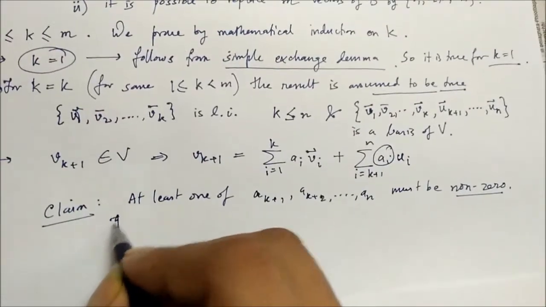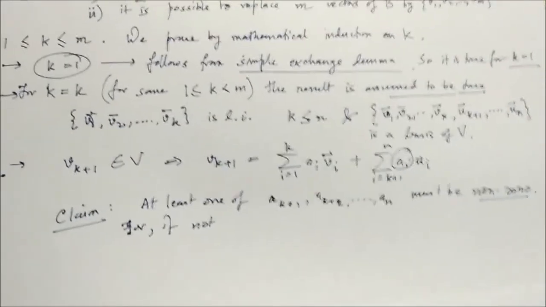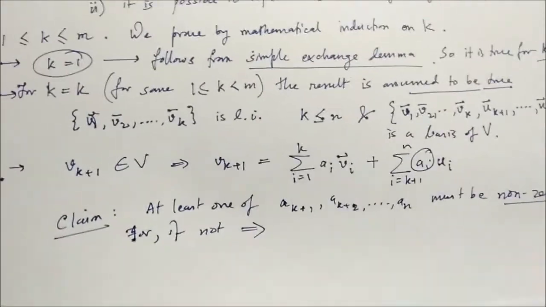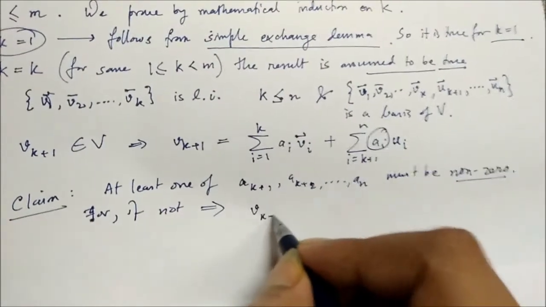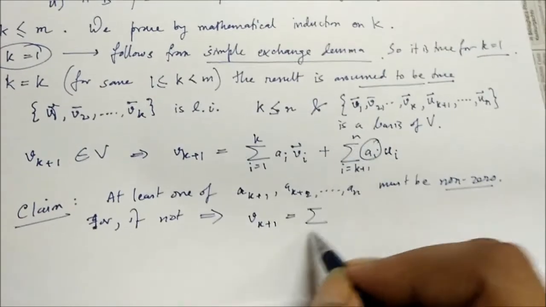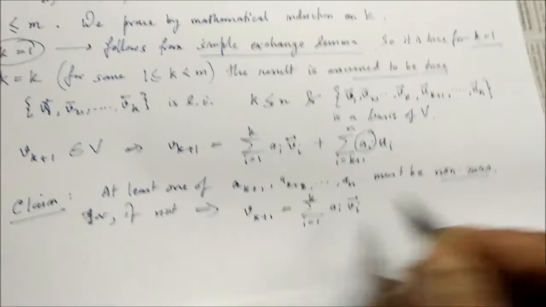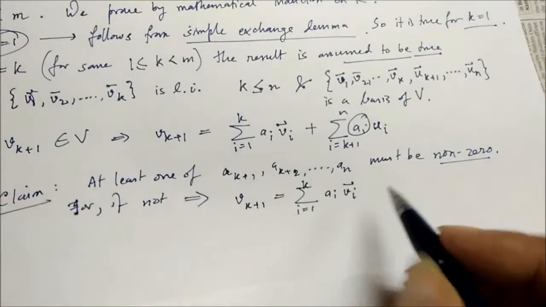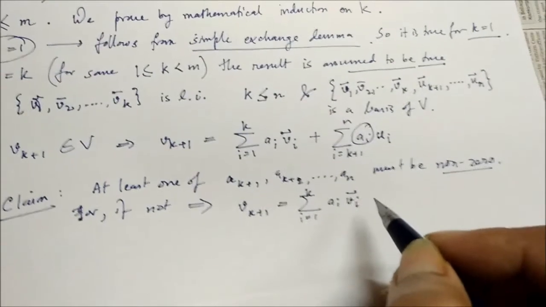If they were not, that would imply that vk plus 1 can be written completely as a linear combination of v1, v2, vk.